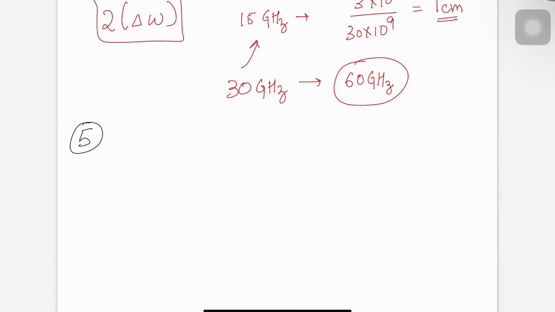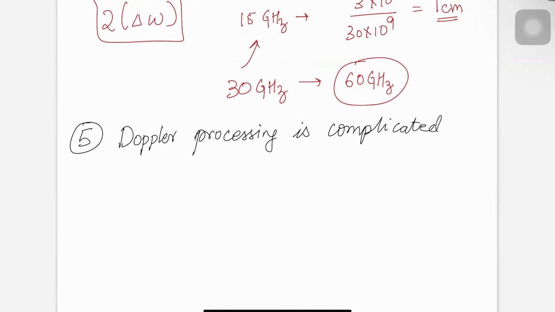And the last thing I want to talk about, which I haven't talked about at all in this, is Doppler. The Doppler processing for pulse systems is much more complicated than FMCW. We saw that in FMCW, to get the range Doppler plot, you just need to take a 2D FFT, which is very fast.